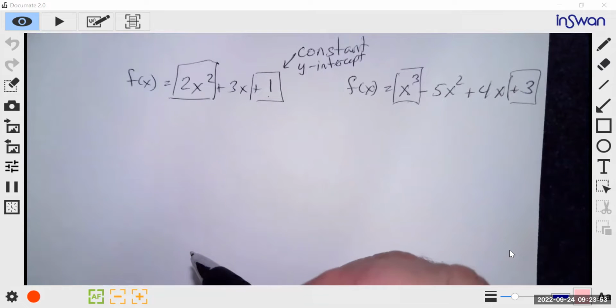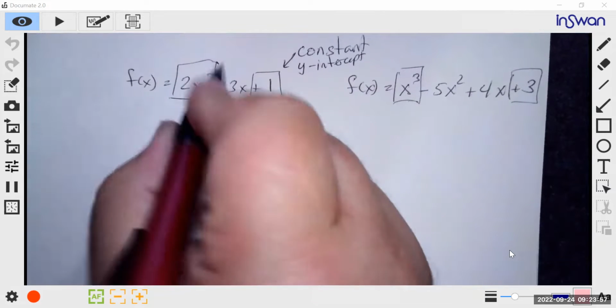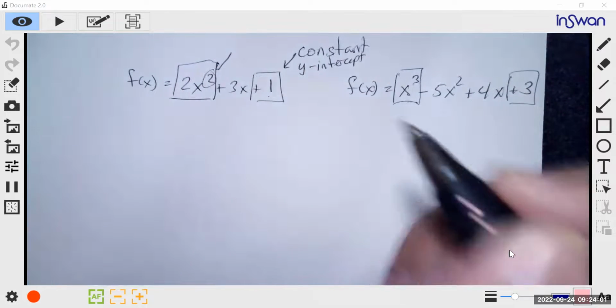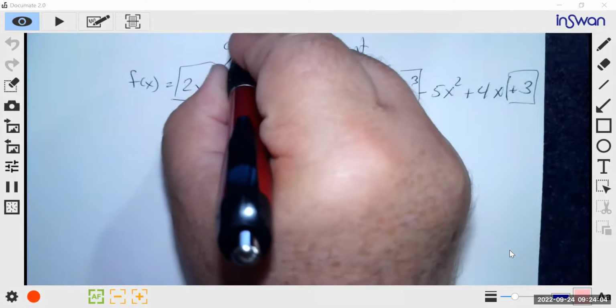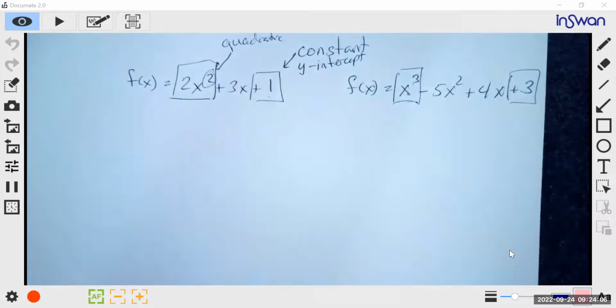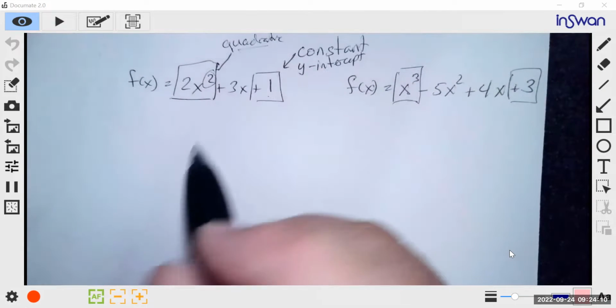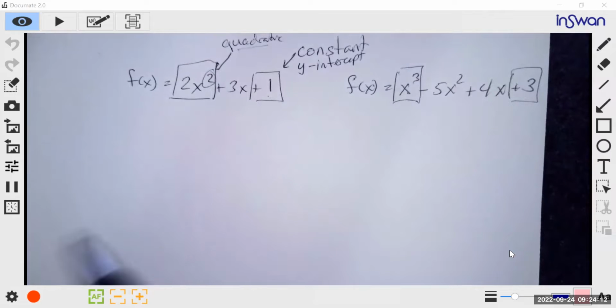It's a quadratic. The first one's a quadratic. We know it's quadratic because there's a 2. Because it's a quadratic, it tells us a whole story.